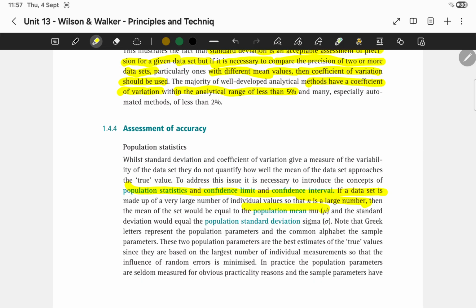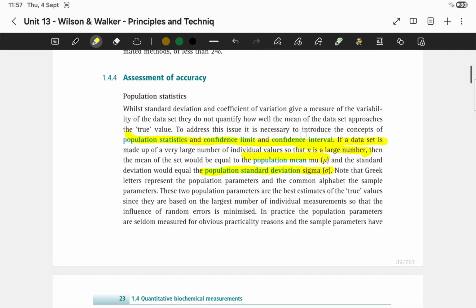The standard deviation will be equal to the population standard deviation, sigma. Note that the Greek letters represent the population parameters and the common alphabets the sample parameters. These two population parameters are the best estimate of the true values, since they are based on the largest number of individual measurements, so that the influence of the random errors is minimized.